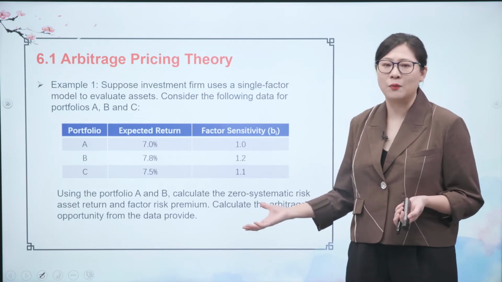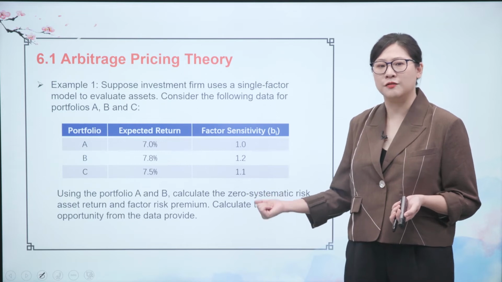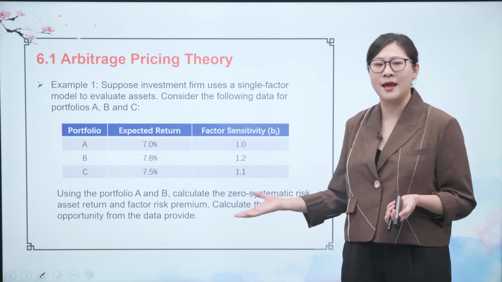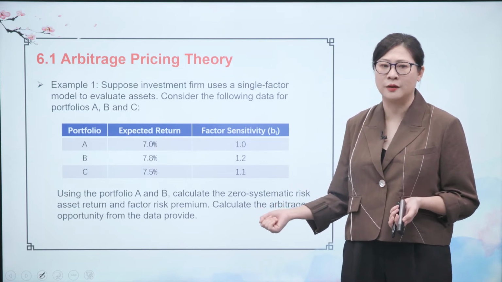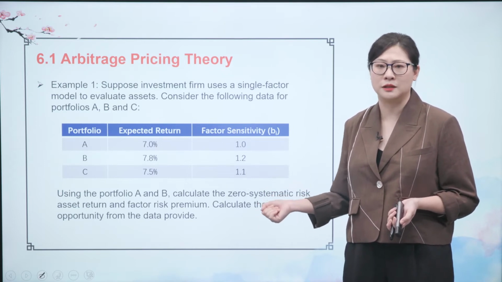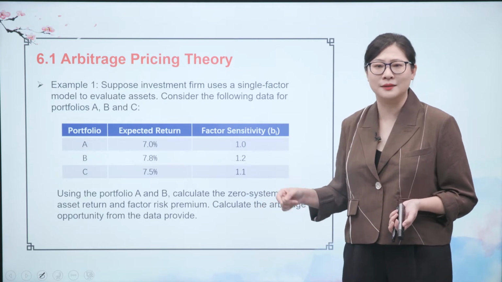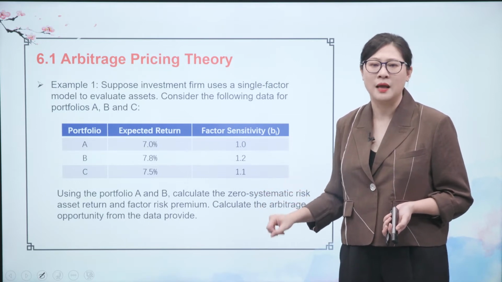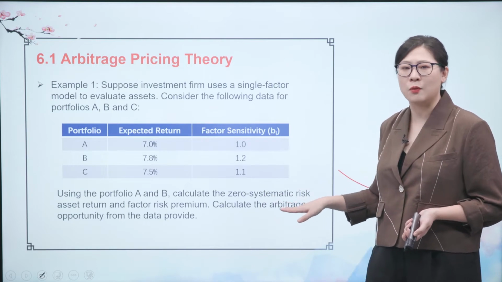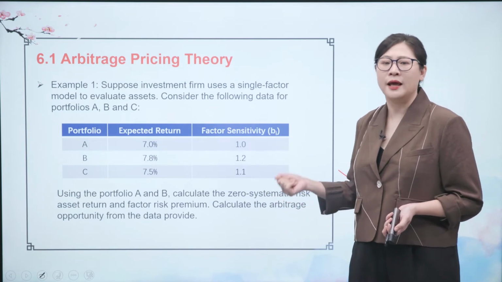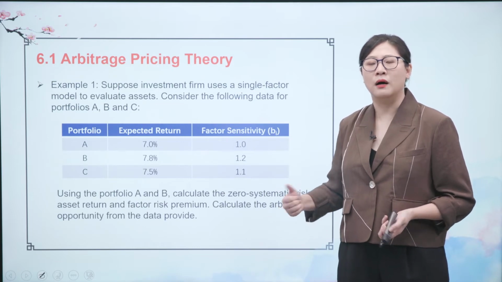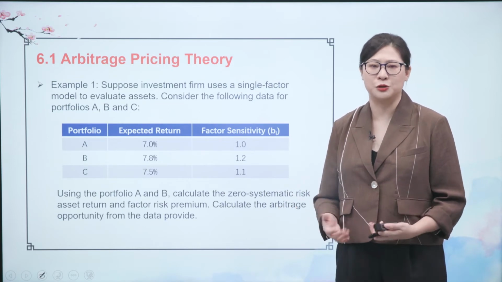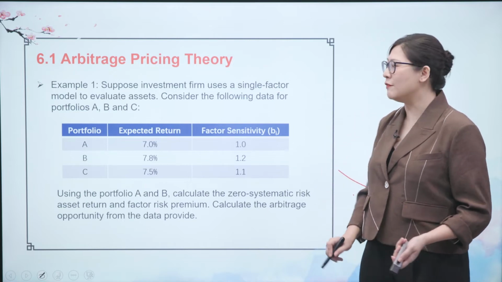The first problem I want you to solve is to use portfolios A and B to calculate the zero systematic risk asset return and the factor risk premium, which are lambda 0 and lambda 1. And the second problem I want you to show me is whether there is any arbitrage opportunity and how you can exploit it. Okay, let's have a look.